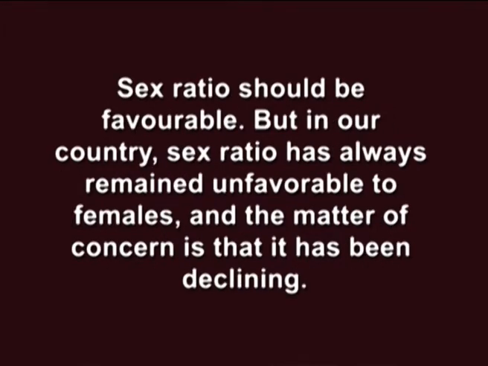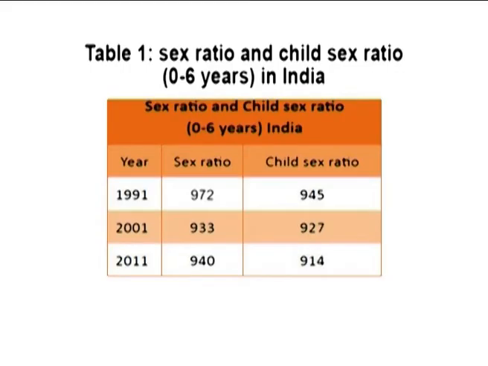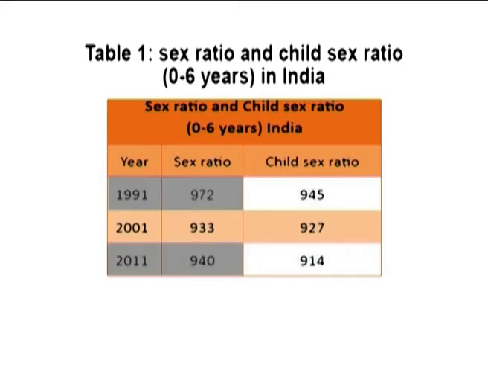Sex ratio should be favorable, but in our country, sex ratio has always remained unfavorable to females, and the matter of concern is that it has been declining. In the year 1991, there were 972 females per thousand males, and in 2011 it has come down to 940 only.